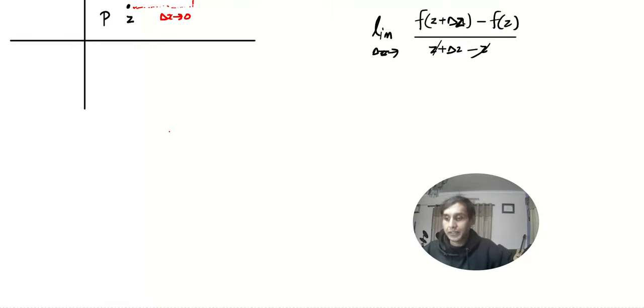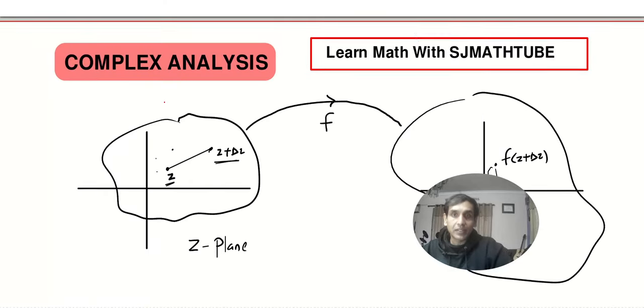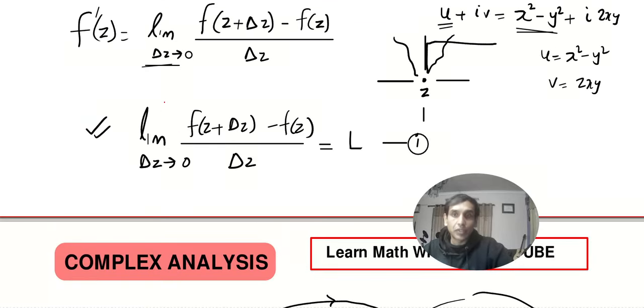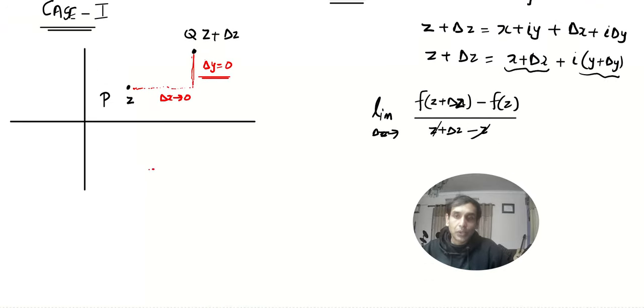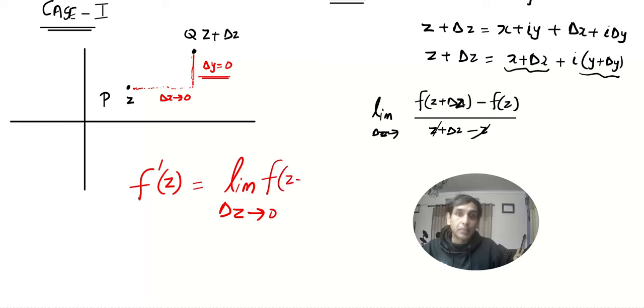Okay, now let's start. Now look at this. Do you still remember the definition of derivative? So I'm going to calculate the derivative value. It is given by the limit as delta z tends to 0 of f of z plus delta z minus f of z, the whole divided by delta z.